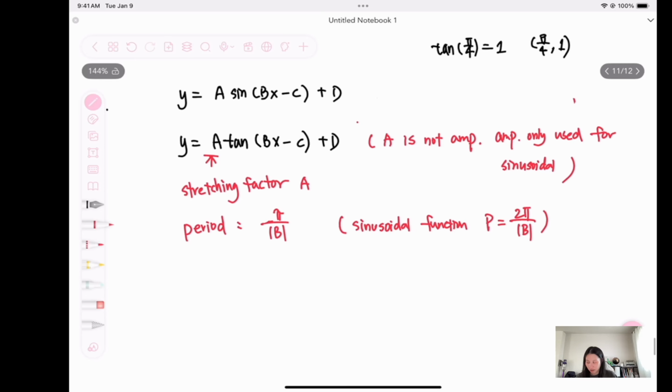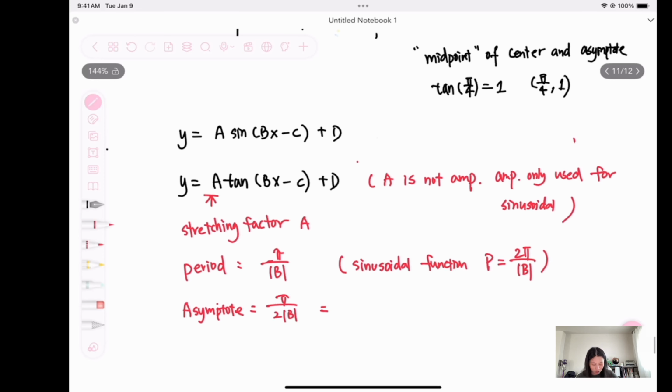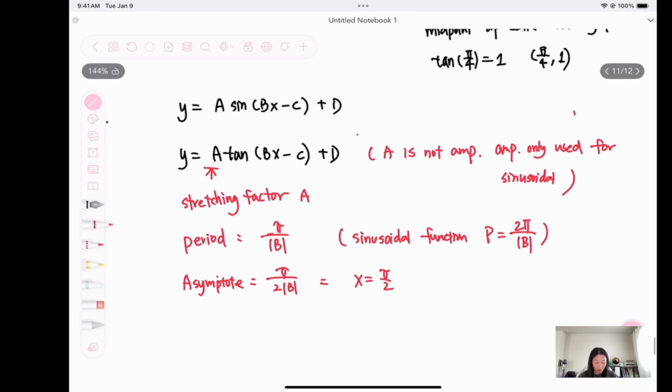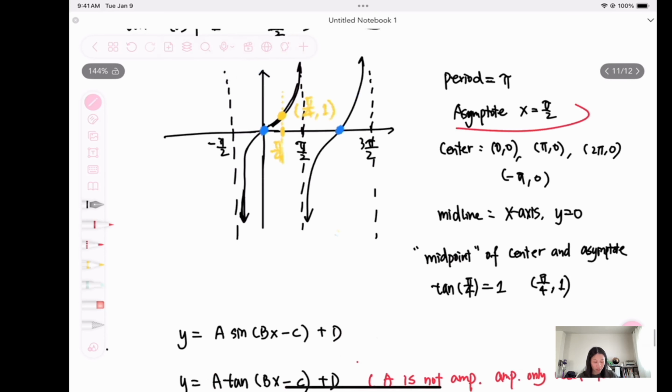And next is the asymptote. How do we find the asymptote? Well, the asymptote is equal to pi divided by twice the absolute value of B. So in this case, in our basic tangent function, our B is equal to 1. That gives us the asymptote pi over 2, which is right in here, right?